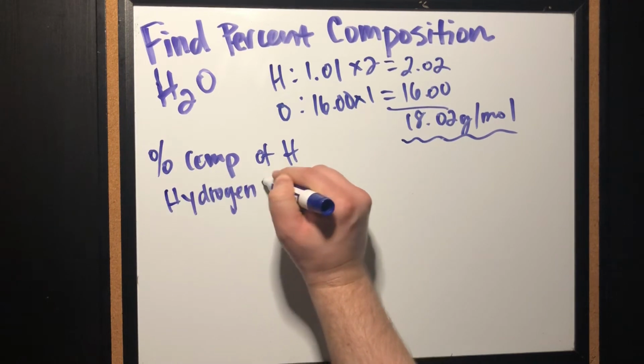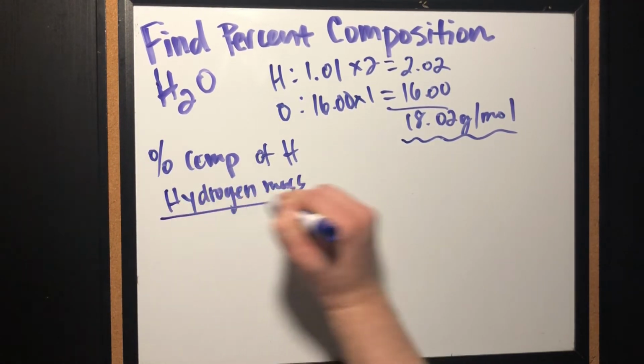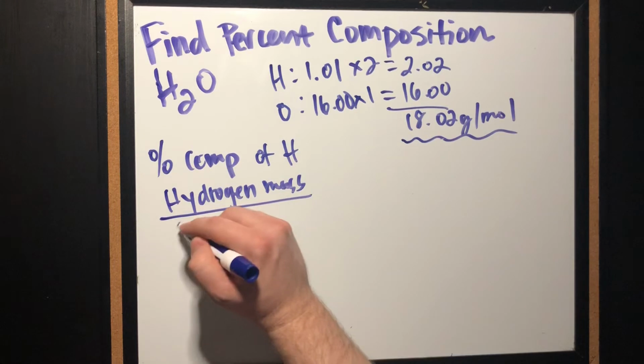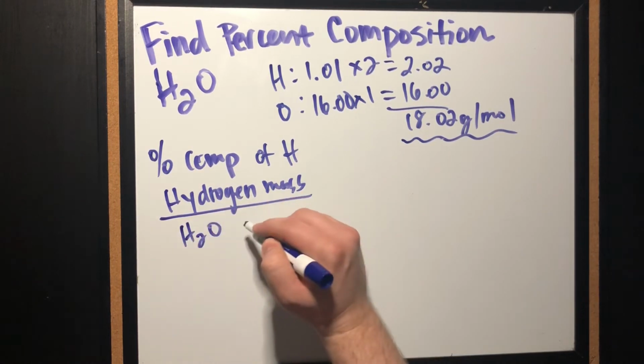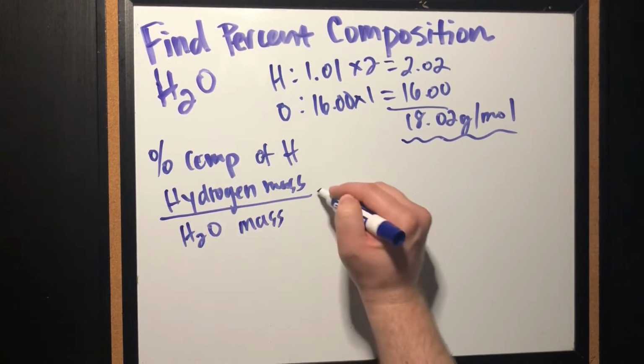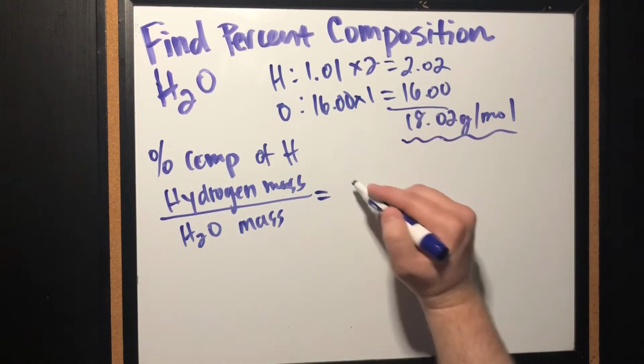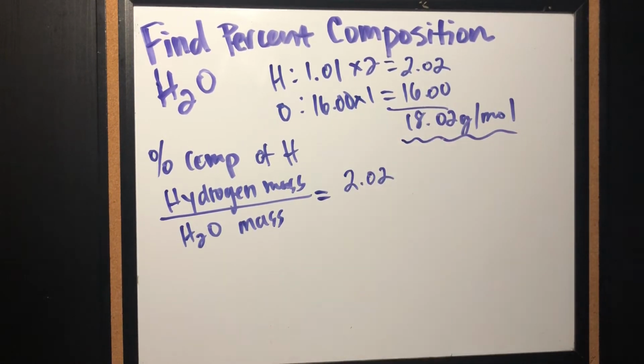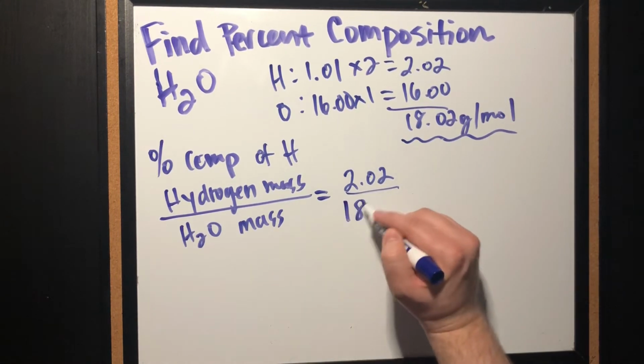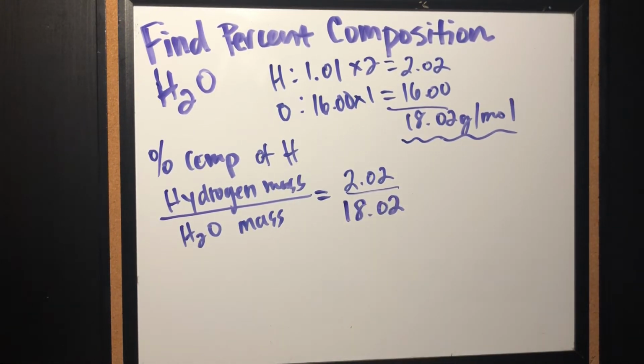So basically, I just have to do the hydrogen mass, divided by the H2O mass. In here, I have 2.02 grams. In all of H2O, I have 18.02.